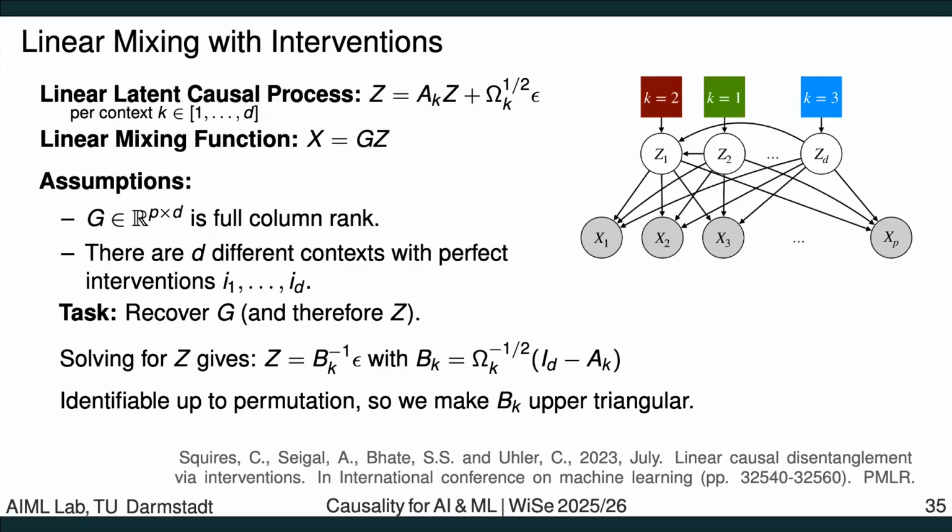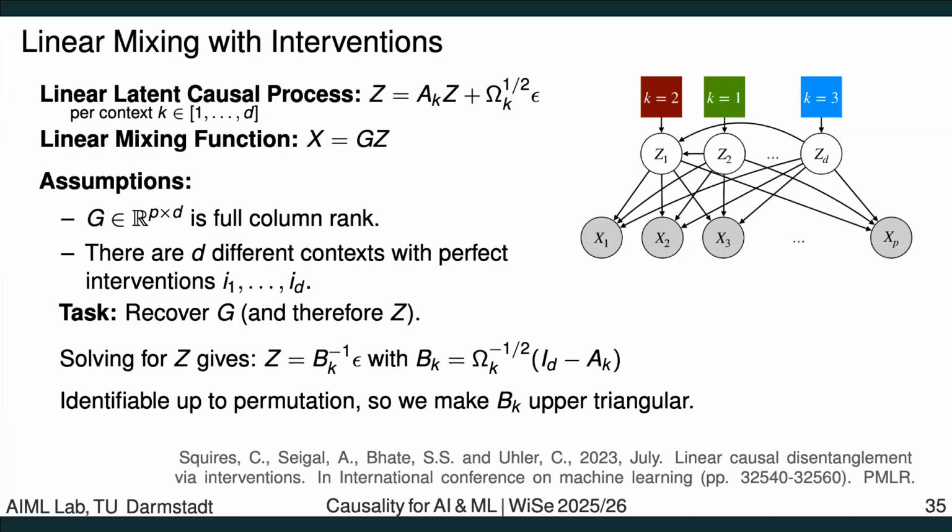So every latent variable is intervened on at least once. And I have this 0 context, which is the observational case where I don't have an intervention. All these contexts are always indexed with K, with a subscript.